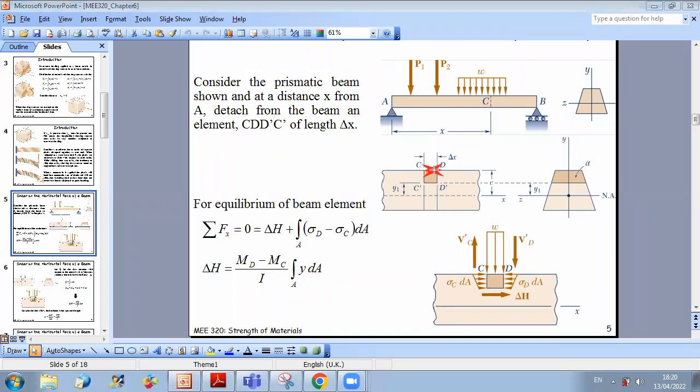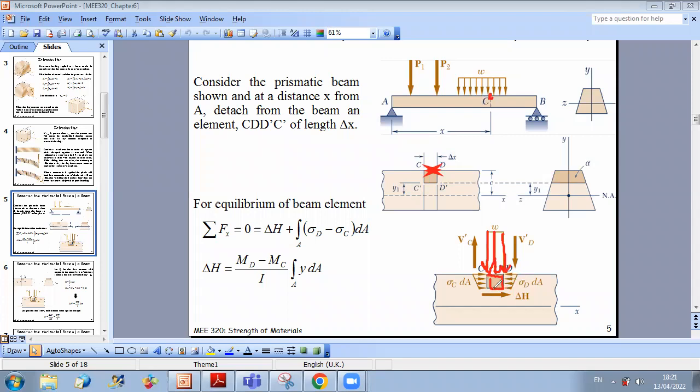First, as you can see, at this level you have a distributed load. So if I illustrate, this element is subjected to a distributed load w downward, and we consider that w is positive downward. Now if I consider the equilibrium analysis of this element, because you know that for any structure in statics, when you do the free body diagram of it, the sum of forces on it will be equal to 0.